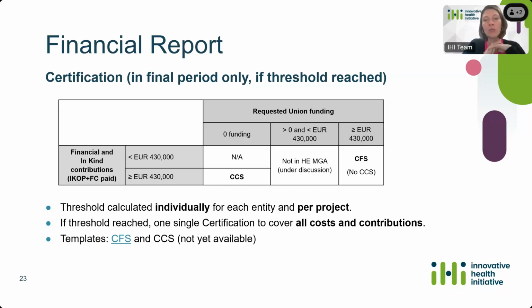It's only one CFS if the threshold of 430K has been reached, and that's it. Currently, there is a CFS template that is available, but there is still no CCS template that is available. The Commission is still working on this, but we don't have it yet, unfortunately.